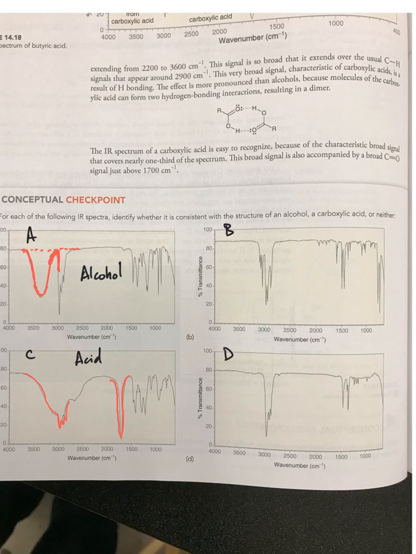Did you say anhydride? I'm pretty sure you said anhydride. So that's an anhydride. An anhydride has two carbonyls, so therefore you see two stretches. And what that looks like in the carbonyl region is something like that.